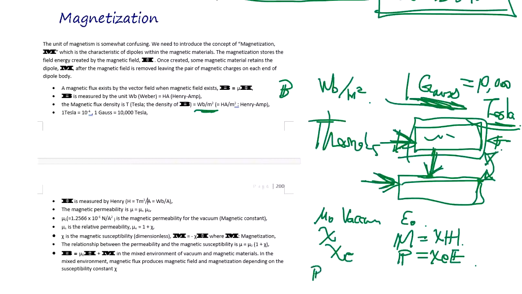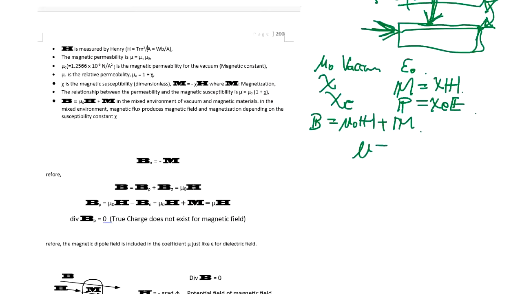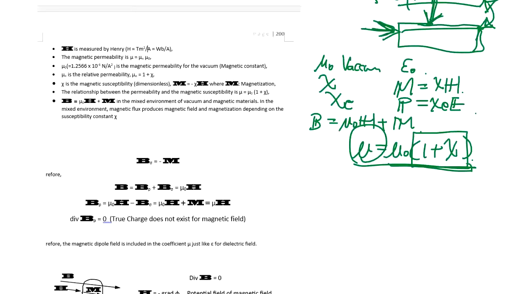So the same equation stands here. Okay, so exactly the same way, mu is defined as mu 0 times 1 plus chi. So this is the magnetic constant, and this is the relative magnetization constant. We come back to this later.